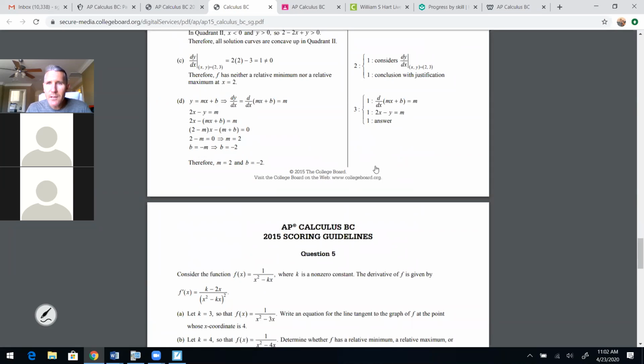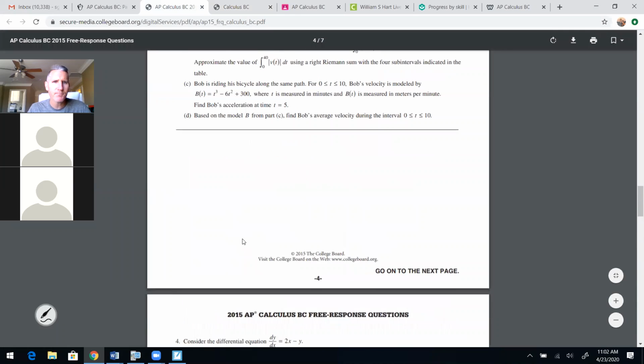All right, so that was 5A and D, and now 3D. Let's go back to 3D.